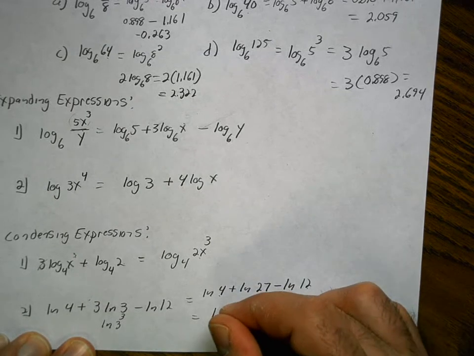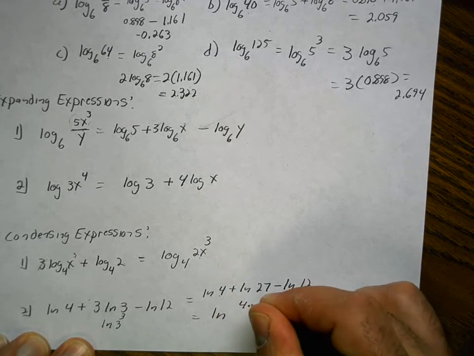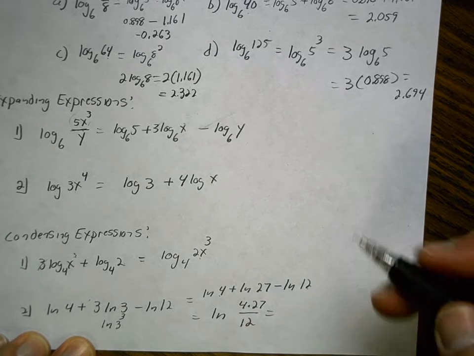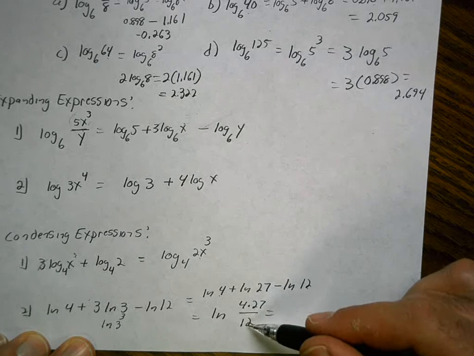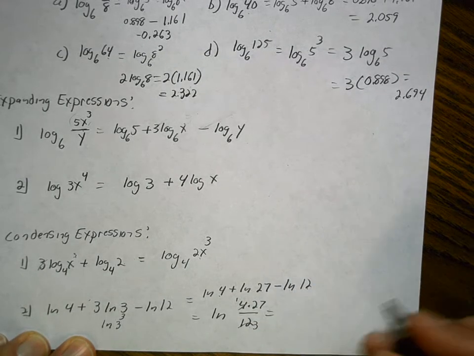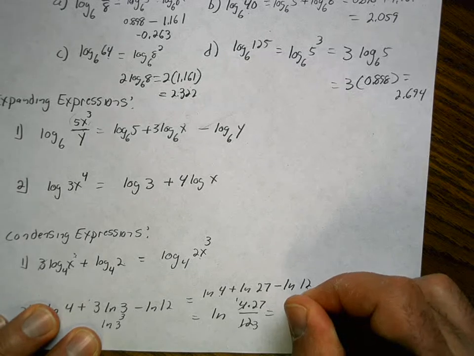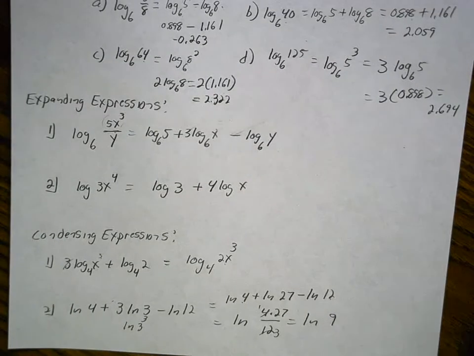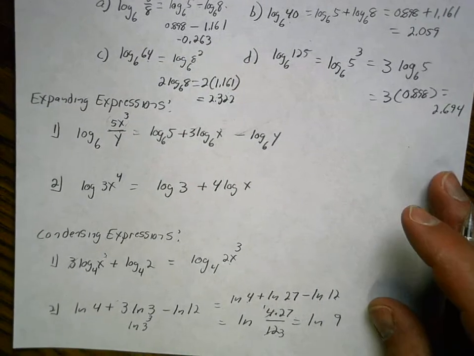So this is going to be natural log of 4 times 27 divided by 12. Maybe I can do the 4 over 12 is the same as 1/3, and then 27 divided by 3 is 9. So this whole thing simplifies to natural log of 9. Okay, so that's expanding and condensing expressions.